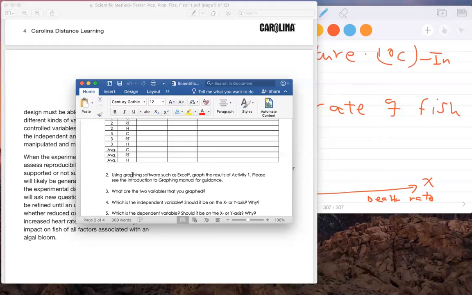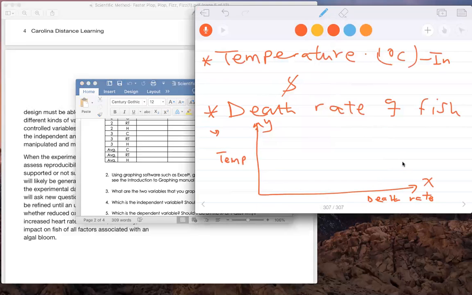Using the graph, that means you have to draw to scale. Don't just draw it anyhow. Let me just explain that before I go to 3. Using a graphical software, please draw your graph to scale.